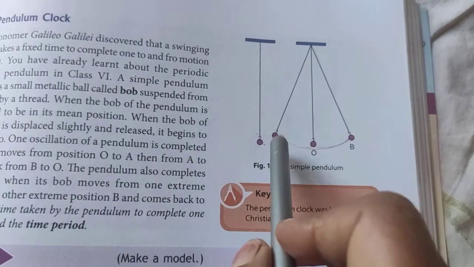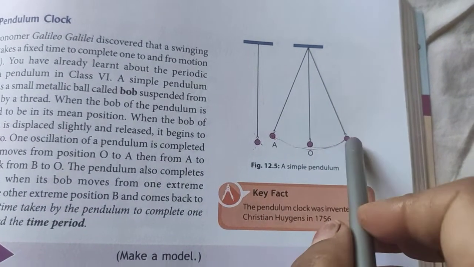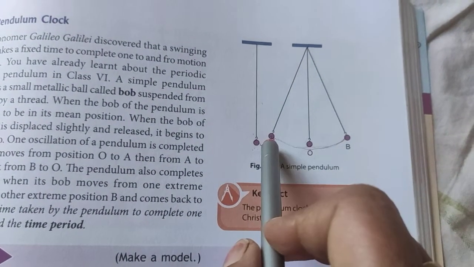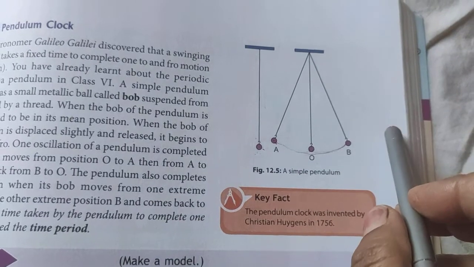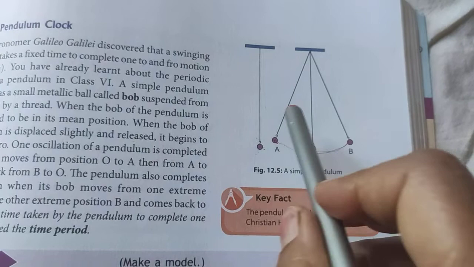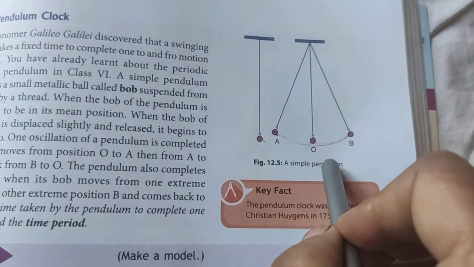It's not that when the pendulum moves from A to B, it's one oscillation. No. The pendulum has moved from the starting point, gone to a certain point, and then come back to the starting point. That whole path is known as an oscillation.